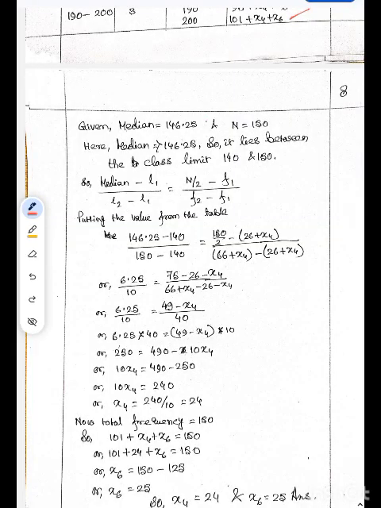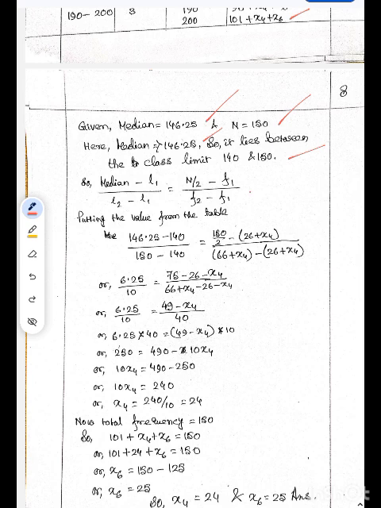Here given median is 146.25 and total frequency N is 150. Therefore median 146.25 lies between the class limits 140 and 150. Okay, already I told that.